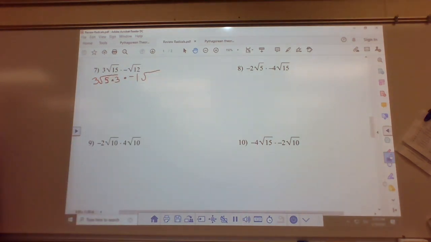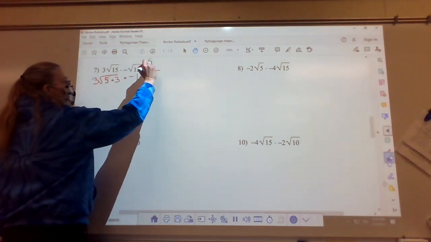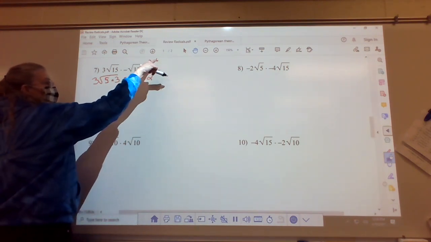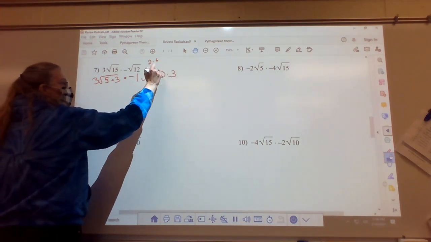Now 12, 6 and 2, but 6 isn't all the way down yet. So 6 I can actually break into 2 and 3, because this 12 started out as 2 and 6. 2 I'm okay with, but 6 is actually 2 and 3.